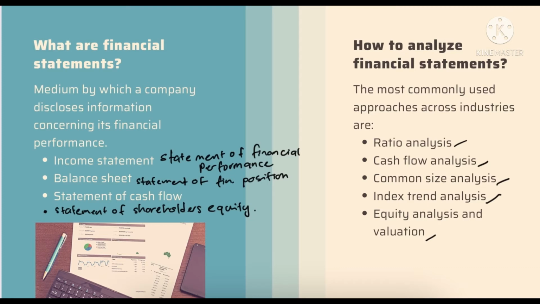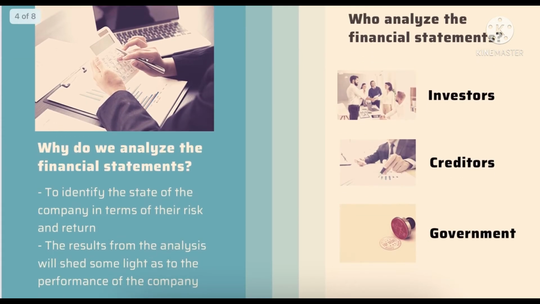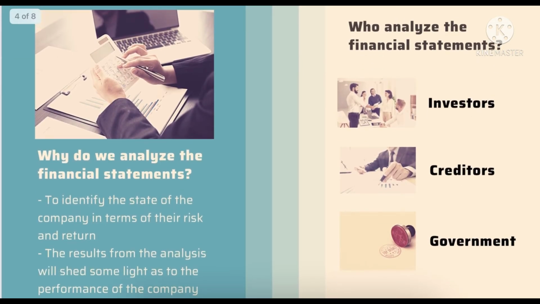Next, we want to know why do we analyze the financial statements. Number one, to identify the state of the company in terms of its risk and return. We want to know the condition of the company regarding its return and how its risk is evolving. The results from the analysis shed some light on the performance of the company.